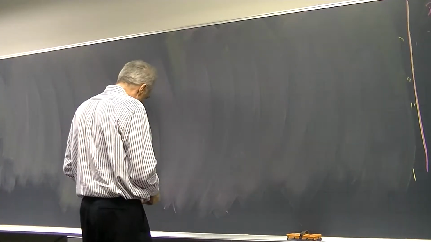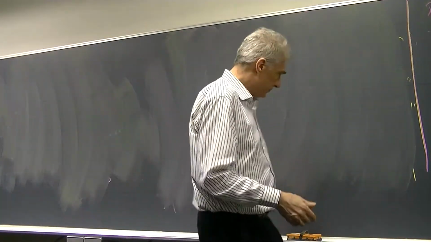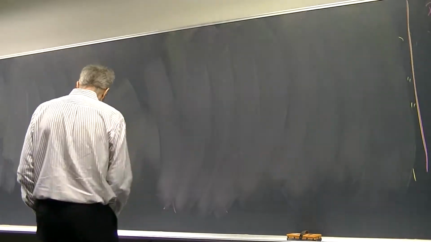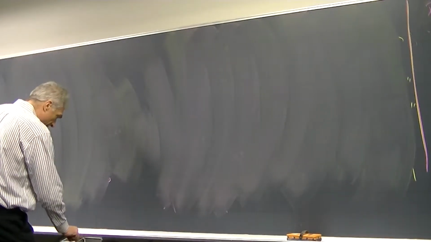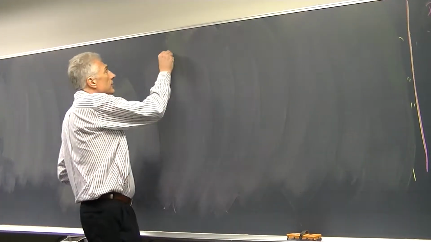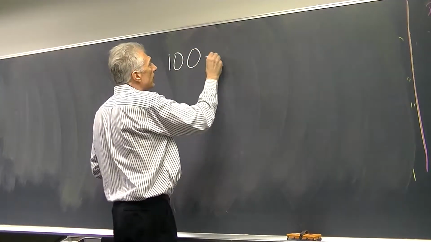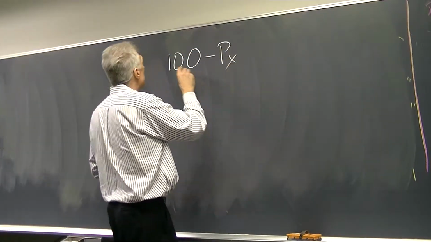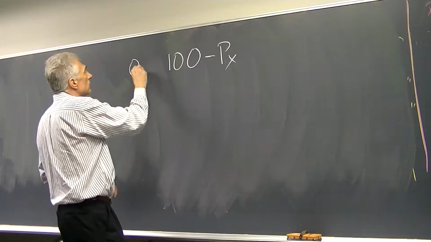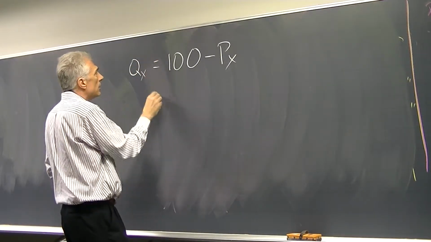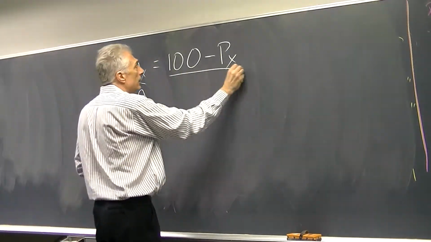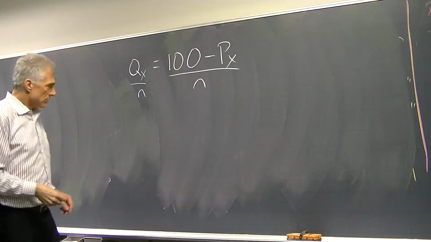So qx equals 100 minus px, divided by n.